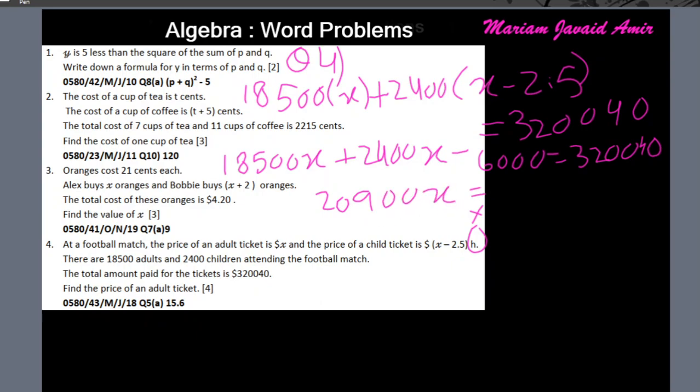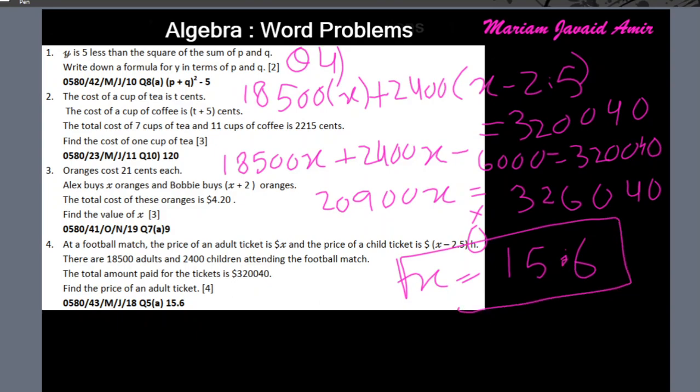I'll take 6000 to the other side and add it to 320040, and I get 326040. Then I divide this by 20900, and I get 15.6, which is, thank God, the same answer as this.